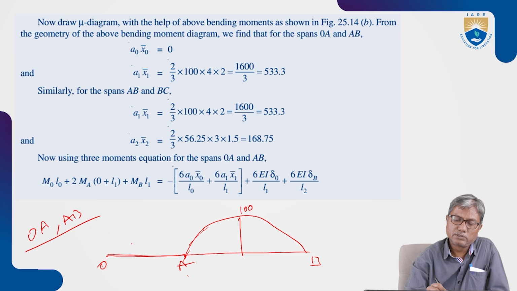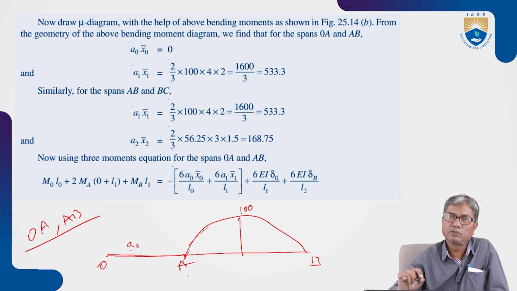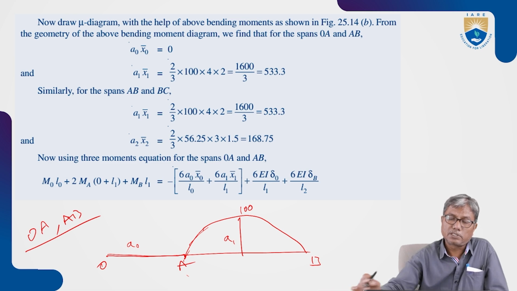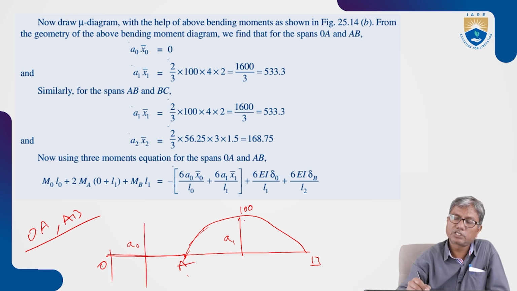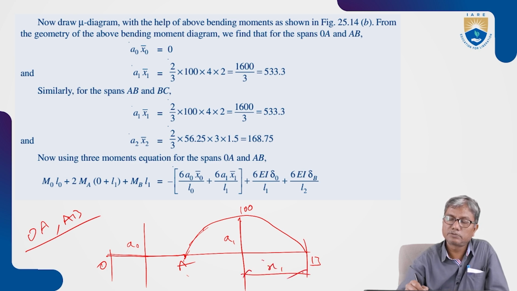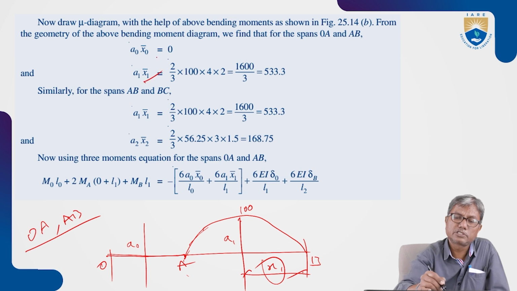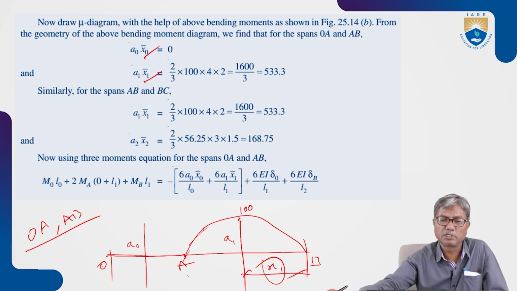So here A0 means area of the new diagram over OA, and A1 is the area of the new diagram over AB. And x0 bar is from O and x1 bar is from B. When you consider OA and AB, x1 bar is measured from the B end support. These distances are measured from end supports, not the common support.